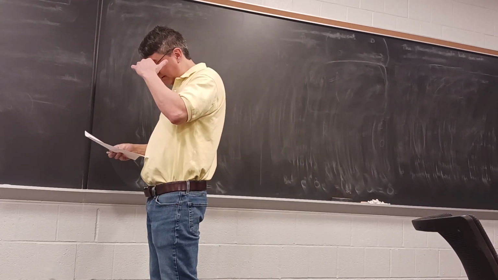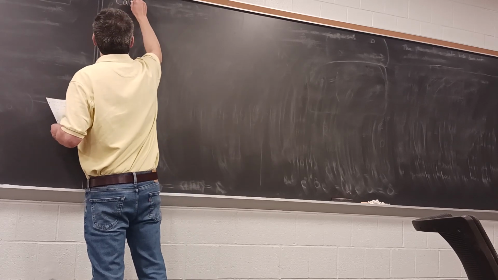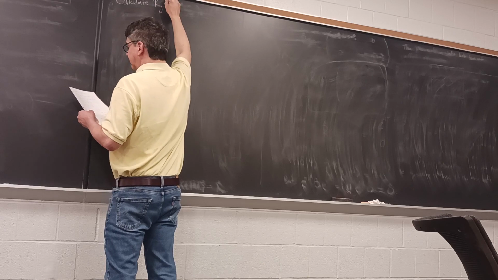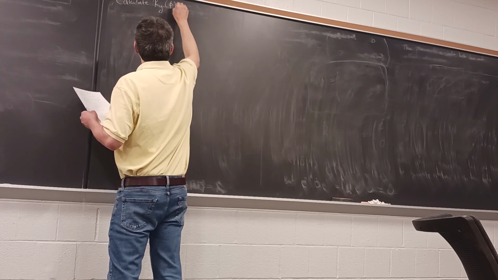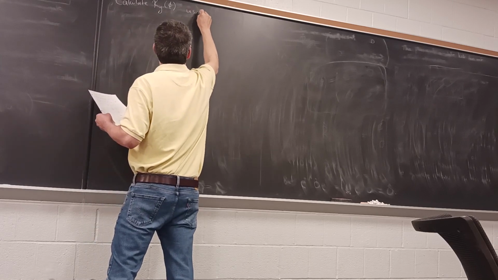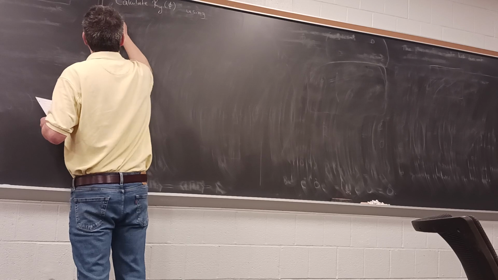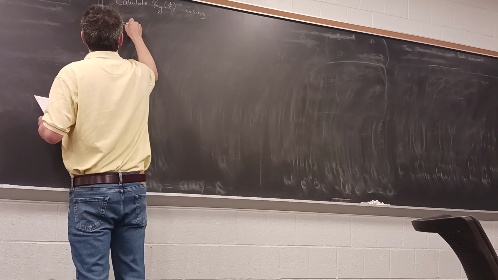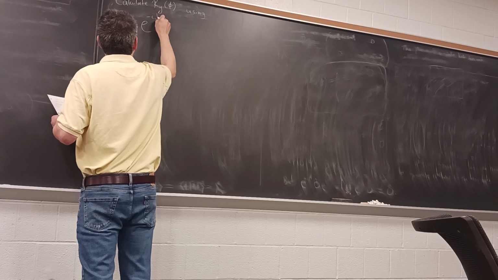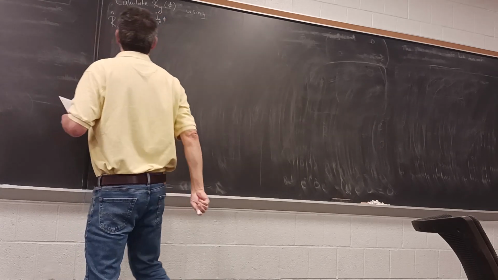Okay, so let's look at R sub y. If we do the same thing, this will be e to the minus i J y hat over h bar times phi.